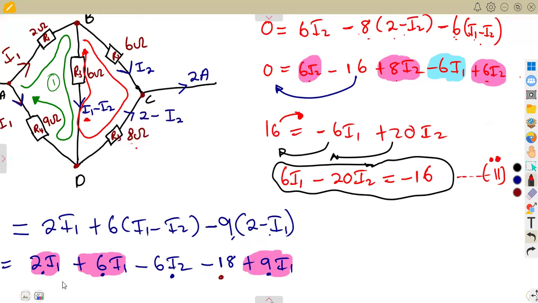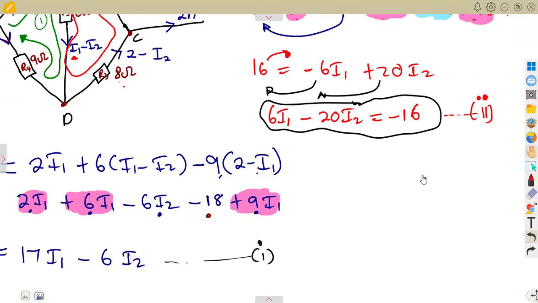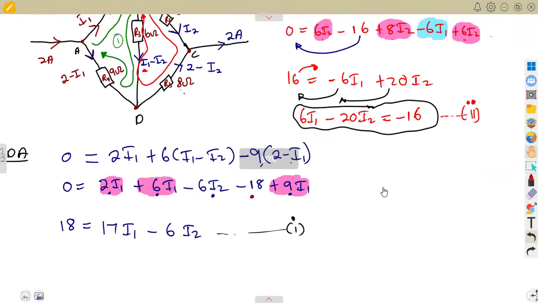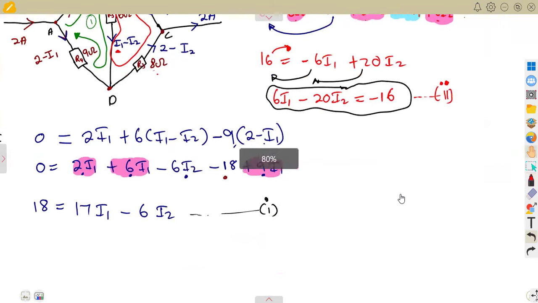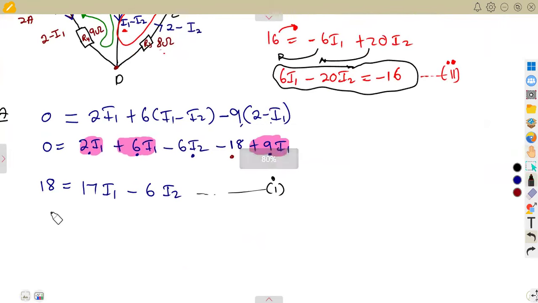These two equations are enough for us to obtain current 1 and current 2. So what are you going to do? Solve. Take your simultaneous equations, the first equation. In this case, we need to solve for I1 and I2.